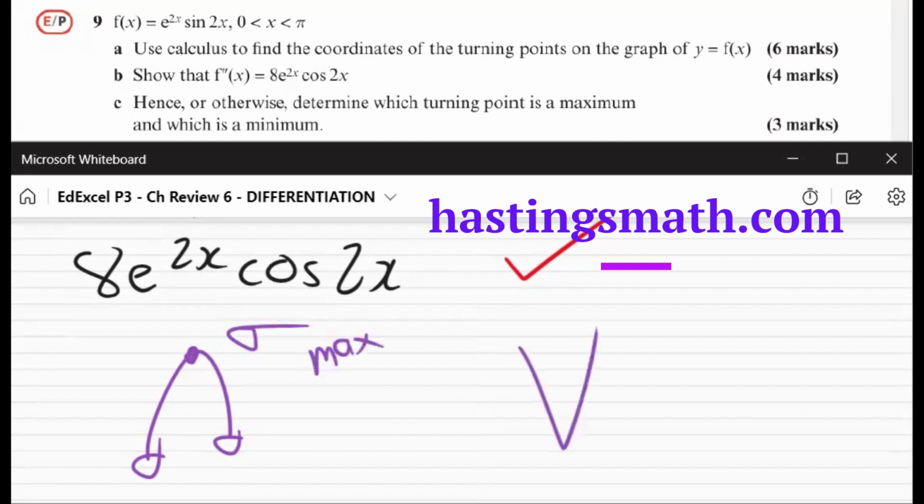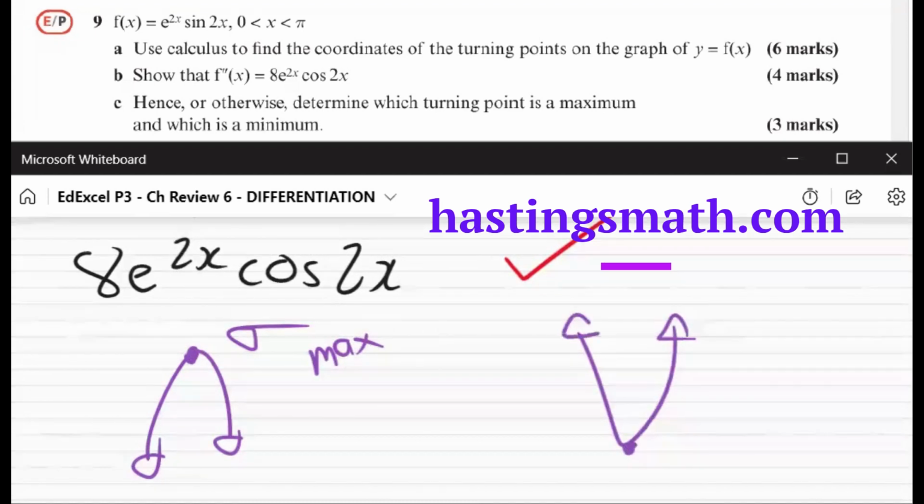And the other turning point would be a min. The way I remember this is the maximum point is a frowny face, and the minimum is a smiley face.